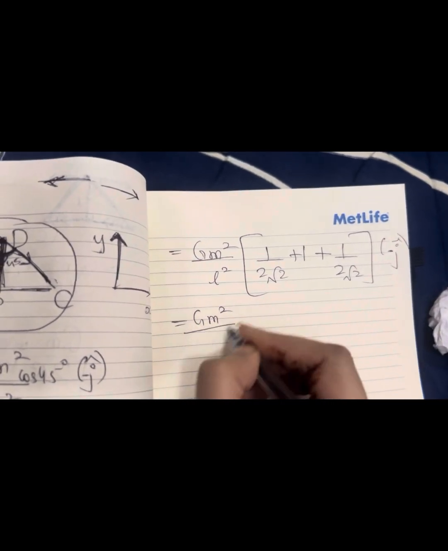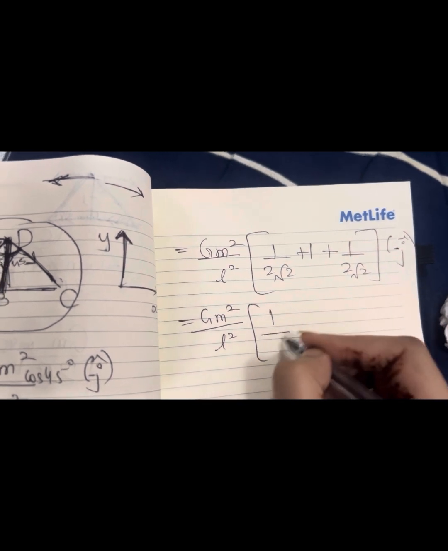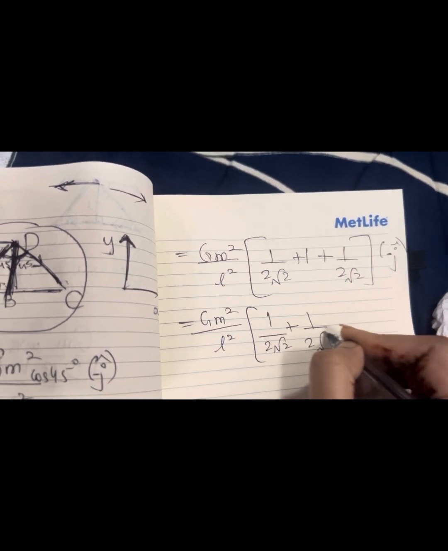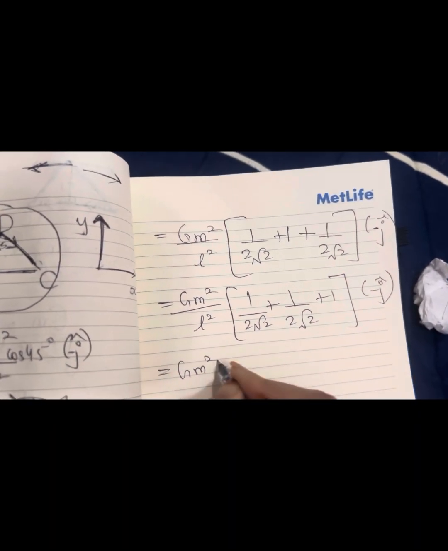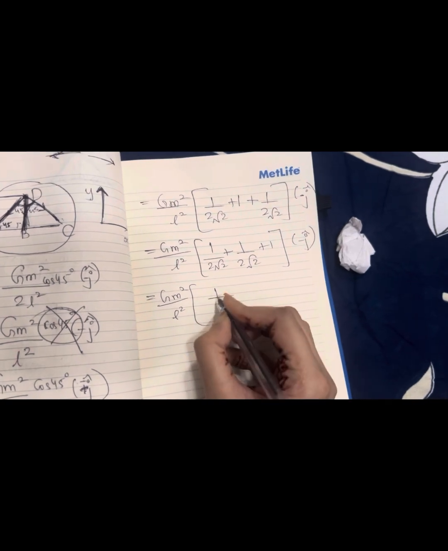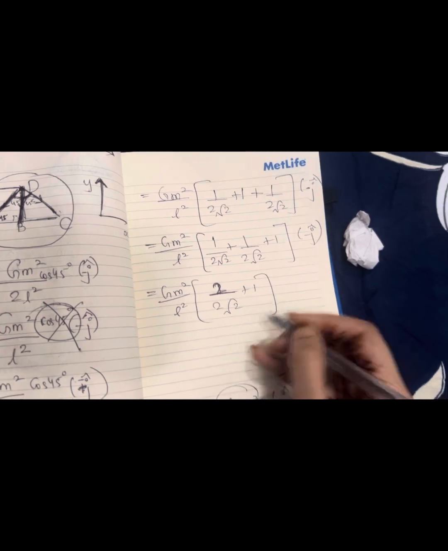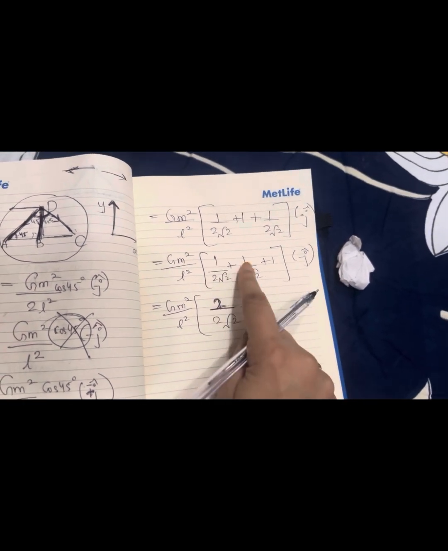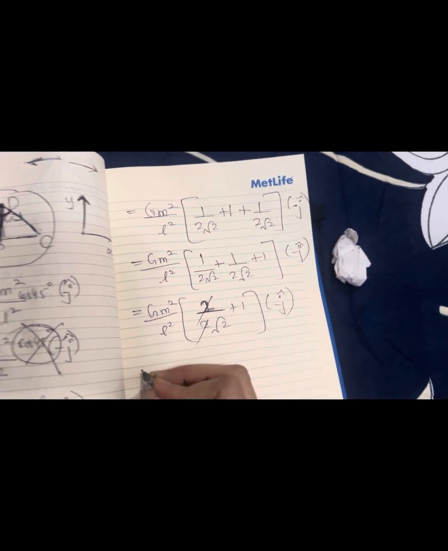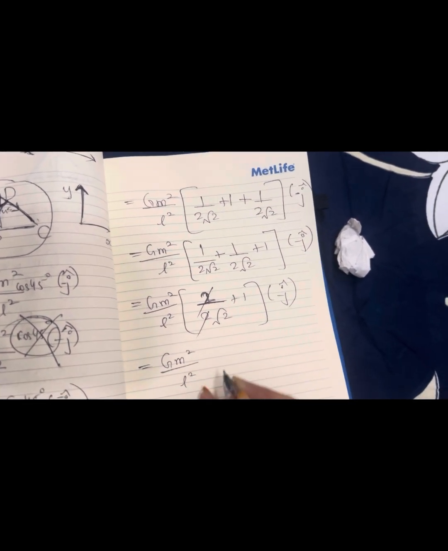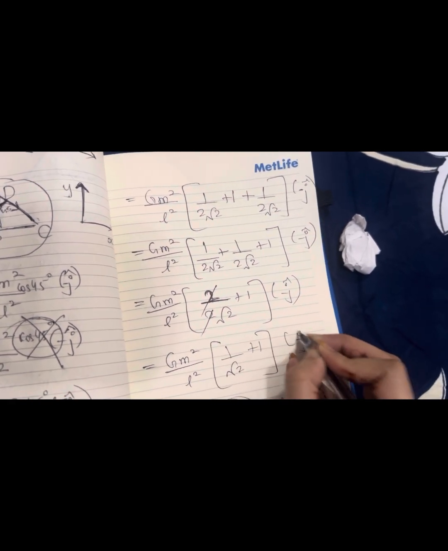So this will give me, not 1 upon, 2 upon 2 root 2, plus 1. Since the base is the same, I'll write it once and 1 plus 1 will give me 2. This 2 got cancelled. So it is Gm square over L square, 1 upon root 2 plus 1, minus j.